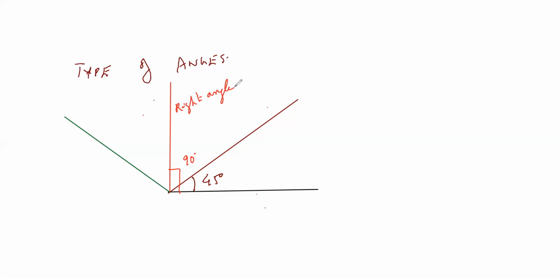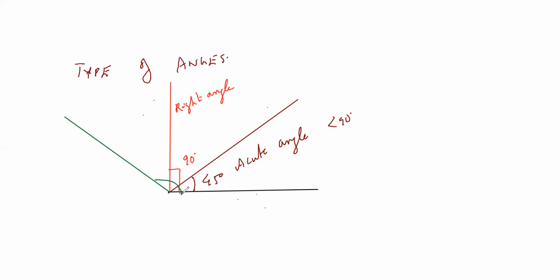Correct? The 45 degree, or brown color thing, is called an acute angle, which means less than 90. An angle less than 90 is called what? Acute angle. The last one, the green color one, is an obtuse angle. Clear?